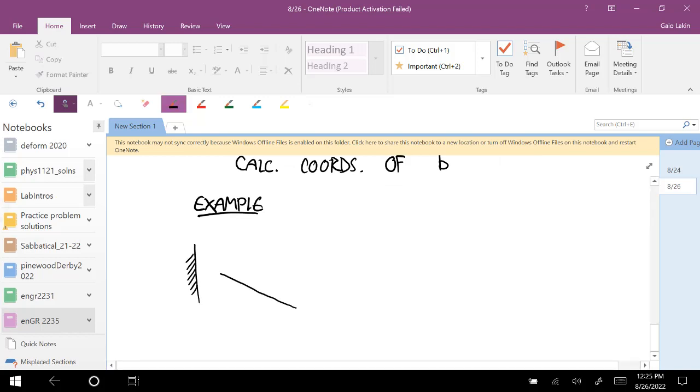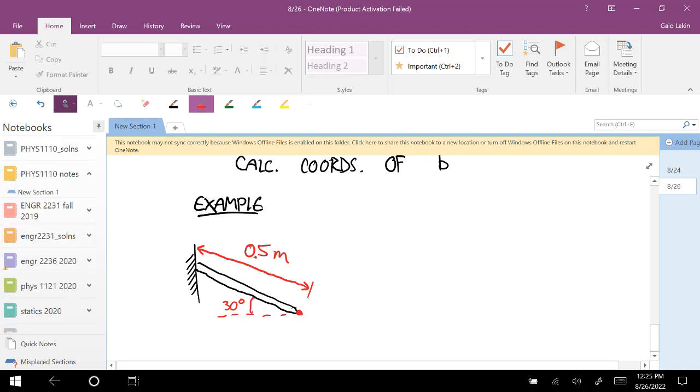Let's say you have a cantilever beam coming out of the wall, and we know this angle is 30 degrees, and the length of this beam is 0.5 meters. Let's say this is the point A, and this is the point B. We want to calculate the vector from A to B.